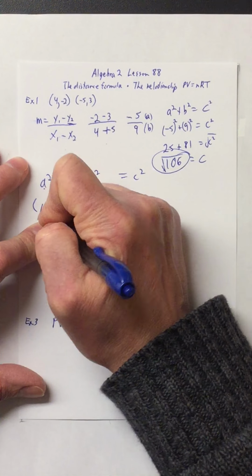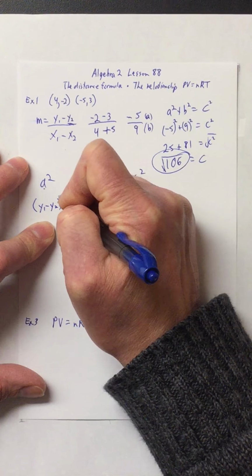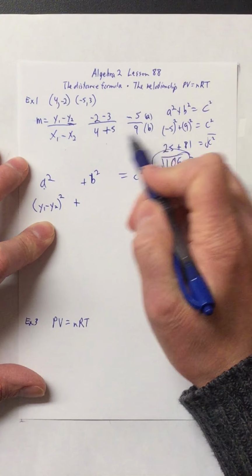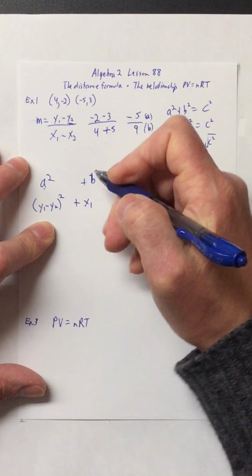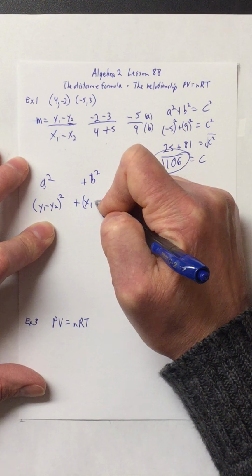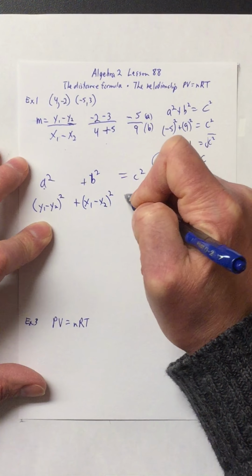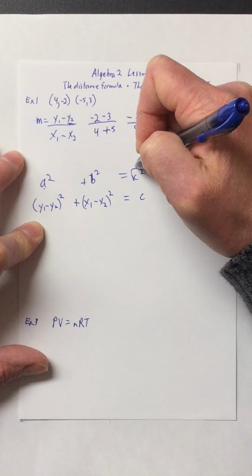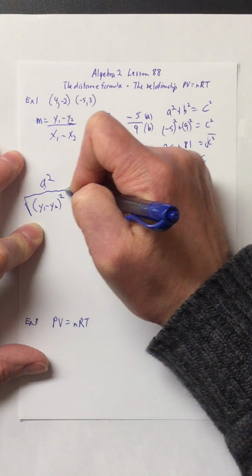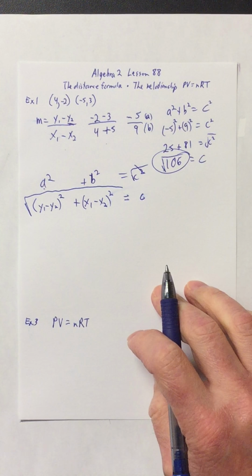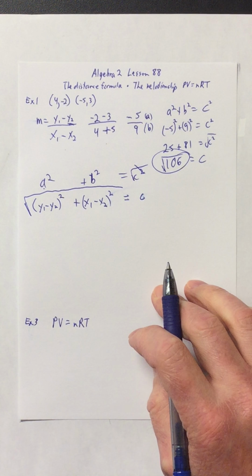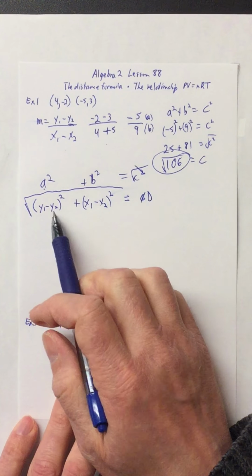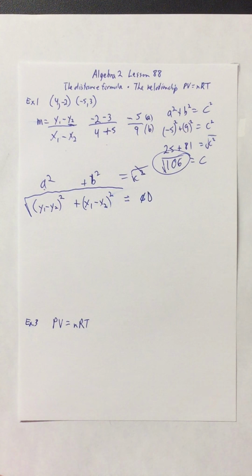If we were to substitute y1 minus y2, squared, in for a, plus, and then for b we were to put in x1 minus x2, squared, and then if we were to square root the c so that it cancels out and put the square root over the whole thing, you can see what we've built for ourselves. Then they changed the c to a d for distance, and they write the x's first, but the order doesn't matter because of the commutative property of addition.